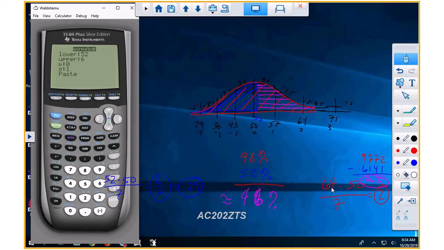I did 64, I'm sorry. 68, and now I changed my mean to 50, and my standard deviation to 7. If you have a newer calculator, it should do everything for you. 0.3824 is supposed to be. I did 64 over here.